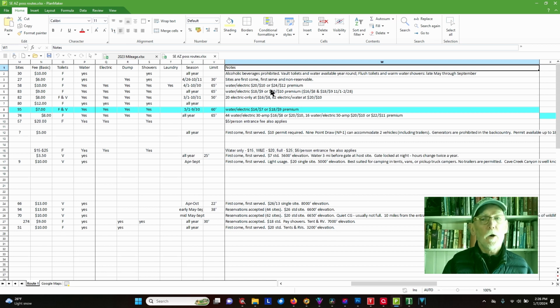But we inquired about campsites at the place that we went to buy the passport to allow us to stay at state parks, which cost us $35, I think, and found out that all the sites were taken, and asked about the next one down the road. All the sites were taken. The next one down the road, all the sites were taken.